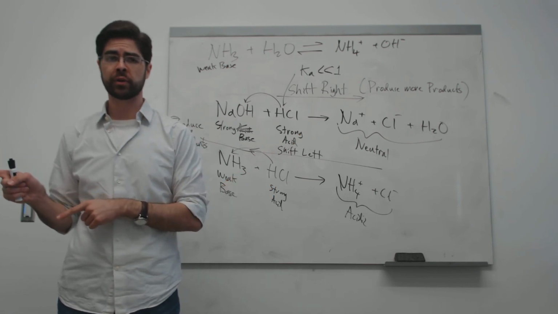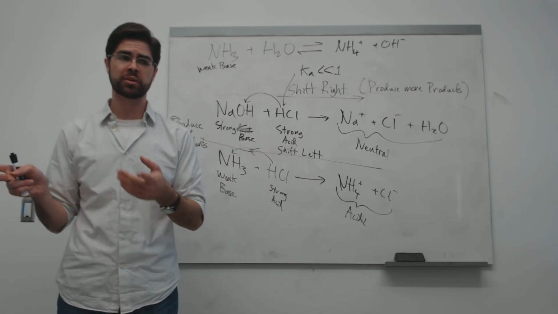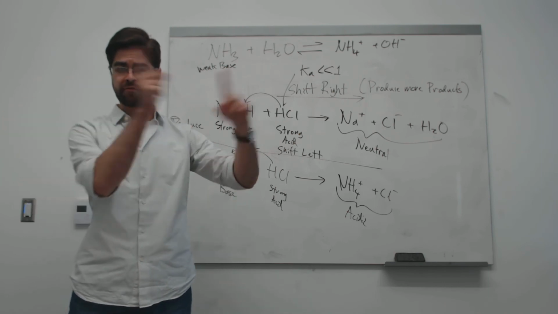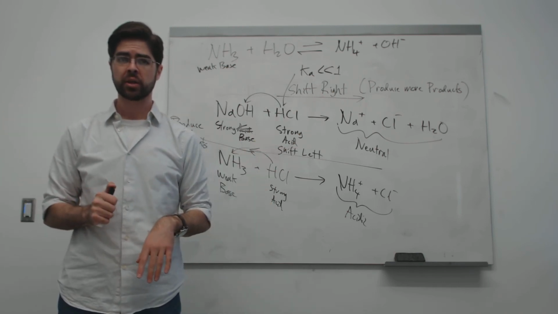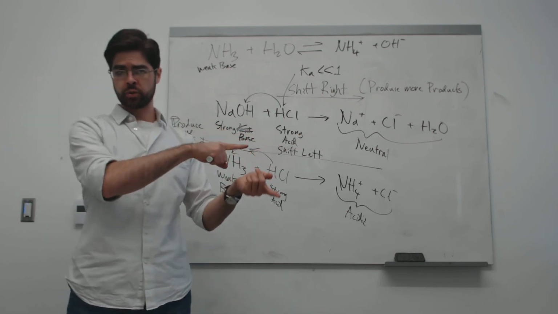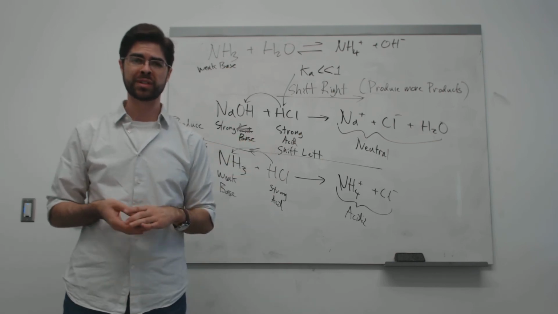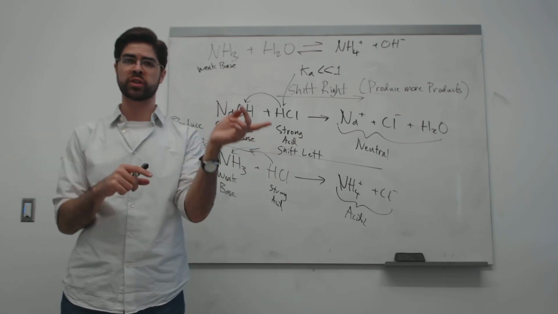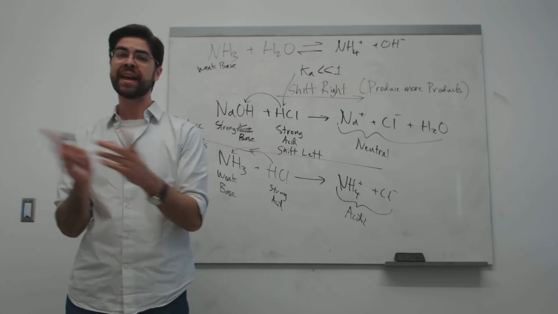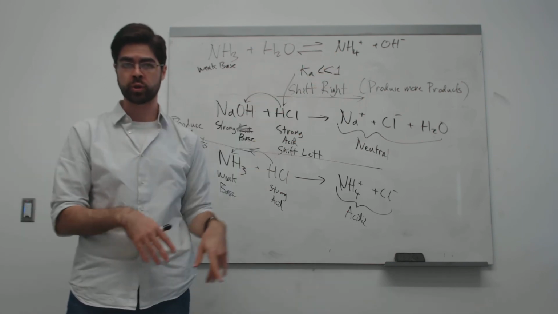Because for both of those, Ka and Kb, they're just equilibrium constants. They favor the products, so that means the reaction goes to completion. That's what we mean when we say something is a strong acid. It transfers a proton and doesn't take it back.